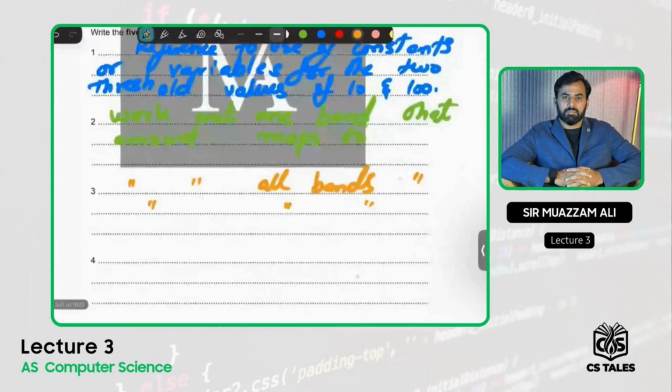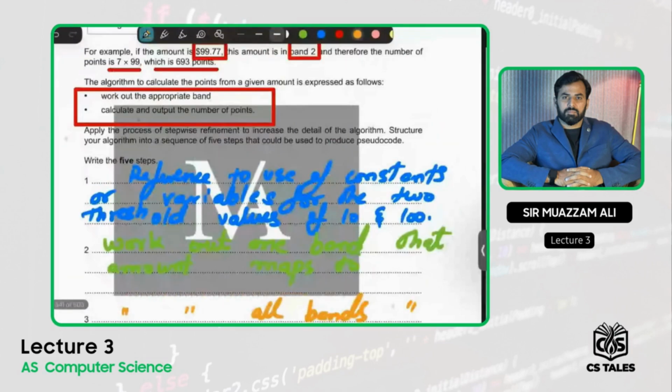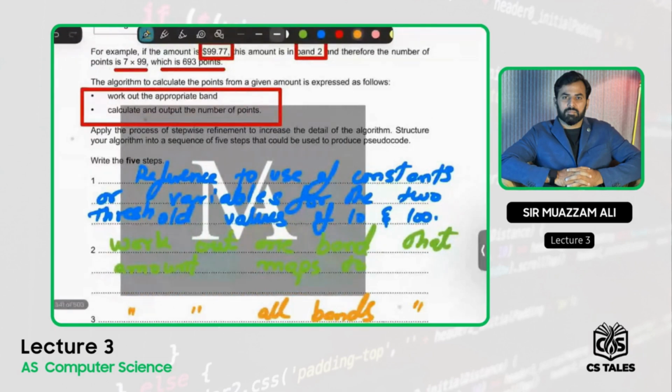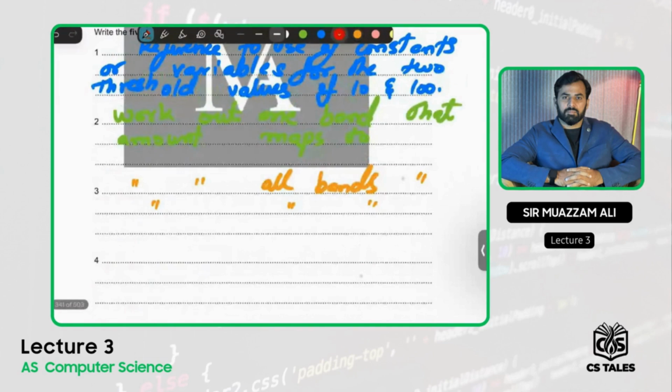Next, you can say that the value you need is the whole number. Let's suppose the process of refinement is to increase the detail of the algorithm structure. So you must know about the amount as a whole number. Whole number part of amount.